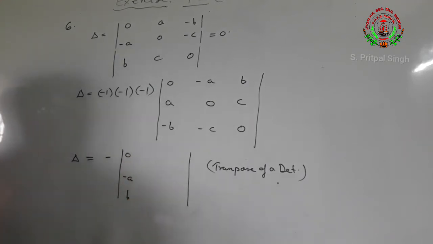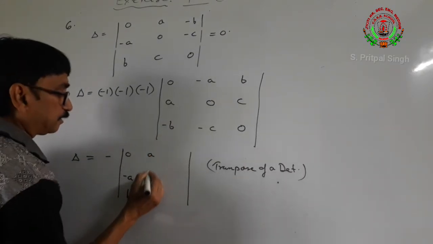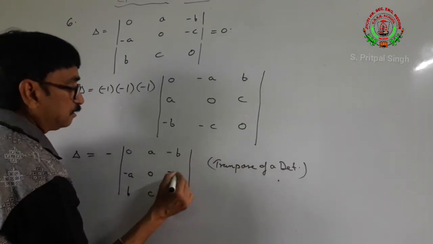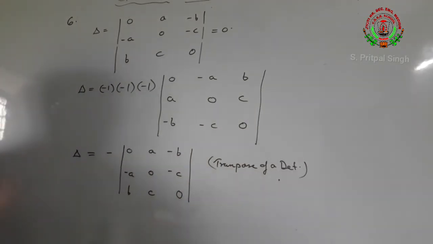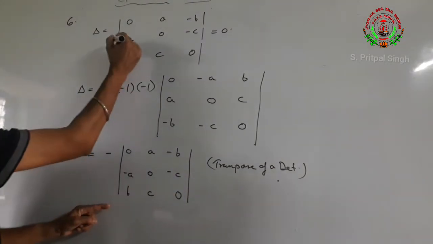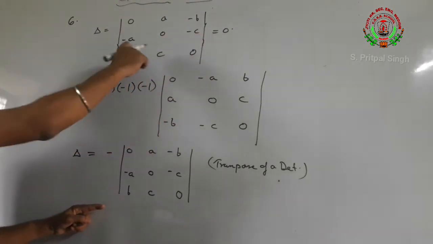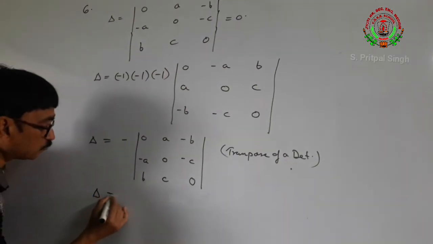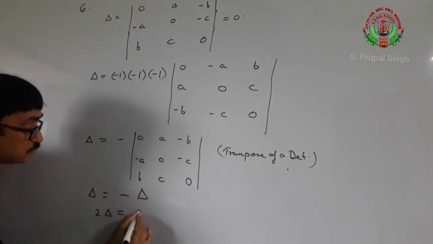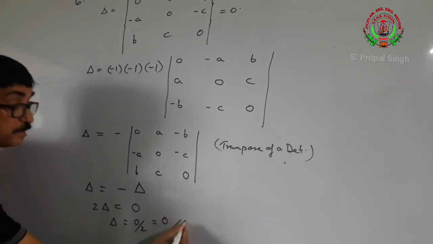The elements of R1 will be written in the first column, the elements of R2 in the second column, the elements of R3 in the third column, and now we can see that this determinant is totally equivalent to our question determinant. That means del equals minus del. When we transpose, we get 2 times del equal to 0, del equals 0 upon 2 equals 0. Finished.